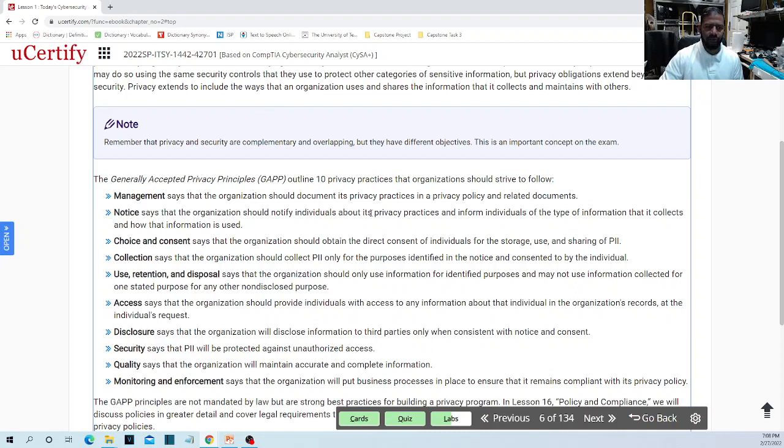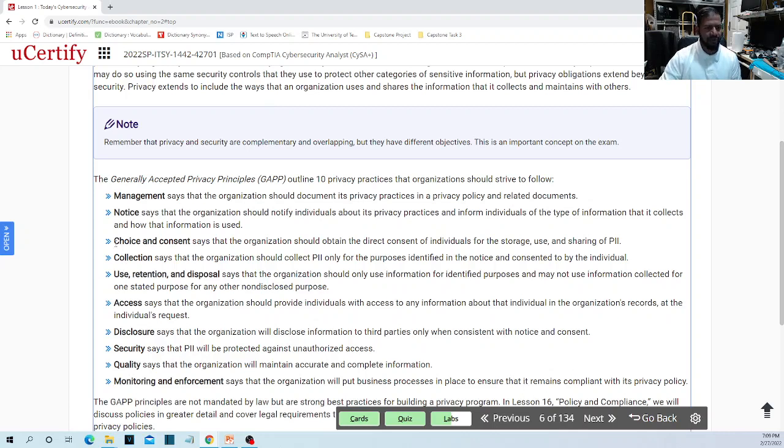Notice says that when a client or anyone that interacts with that organization, and that organization is collecting or storing or using that person's personally identifiable information, the organization must give a notice to that person saying what data is being collected and how that data will be used. That should be stated properly, and so on.